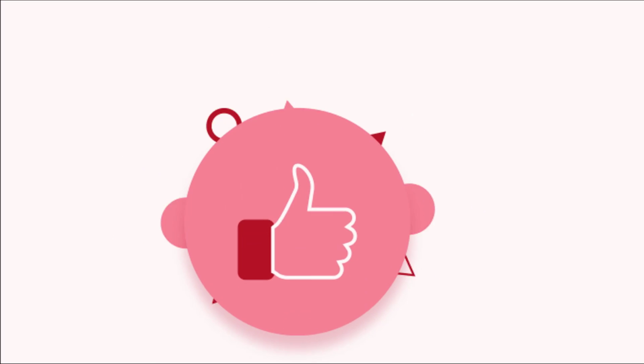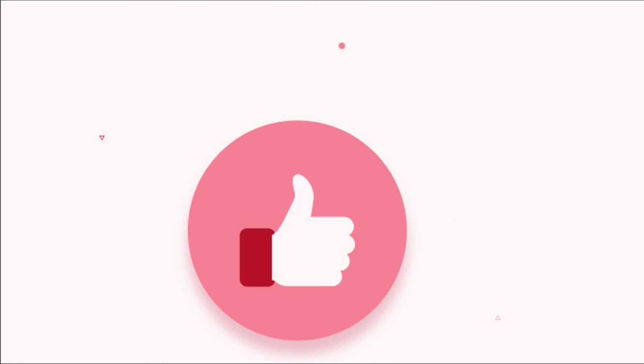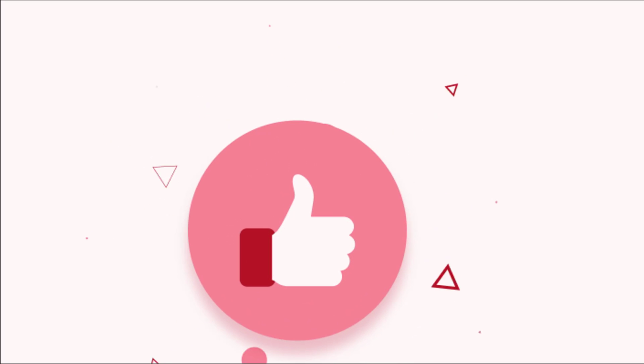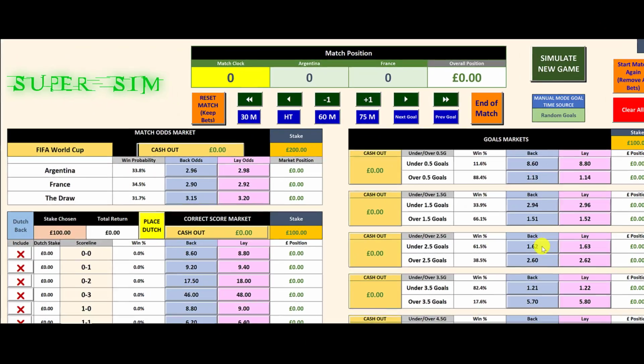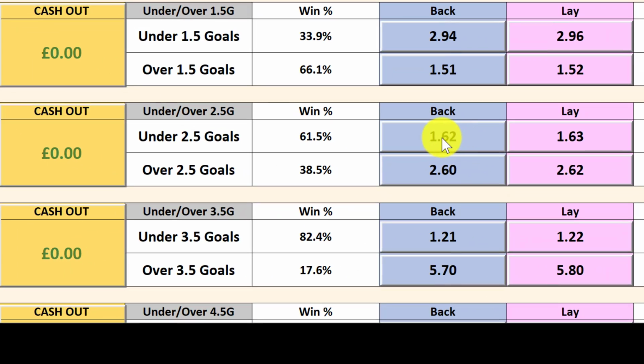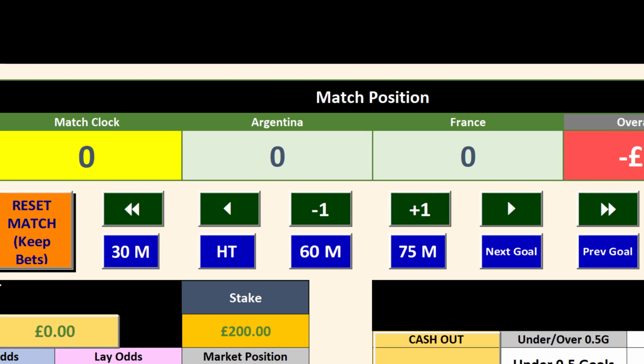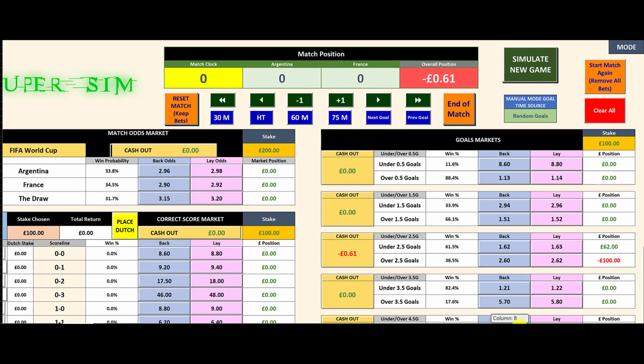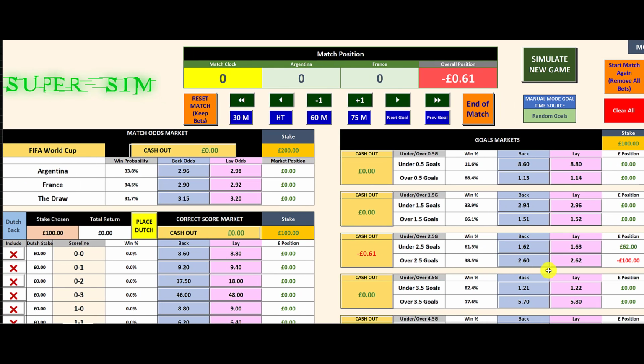All right, that is done. Let's get into some simulations of our under 2.5 goals strategy used on the World Cup final. So we're going to be getting involved backing under 2.5 goals there, around 1.62. Currently that's the price, 1.62, as we record this video. So the idea is that if we can get to close to half time, we could lock in at least £40 on this.